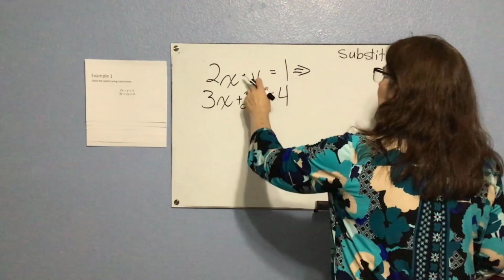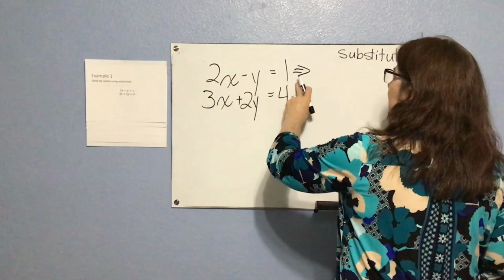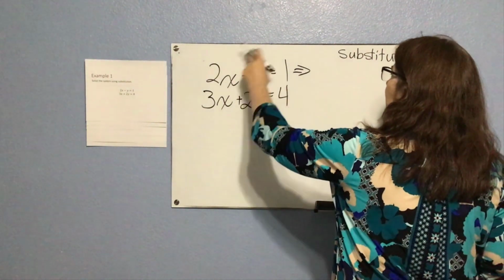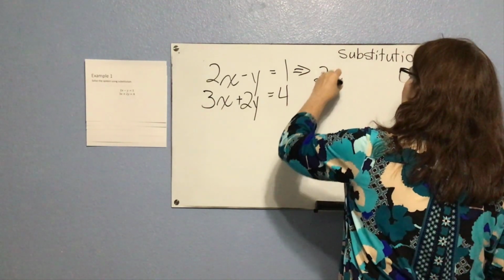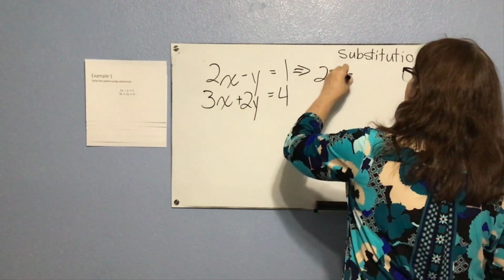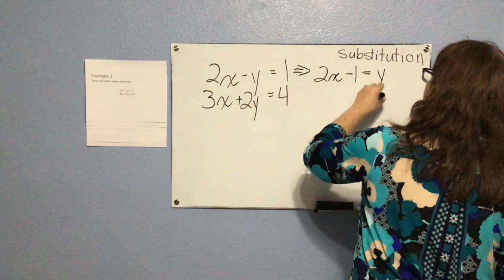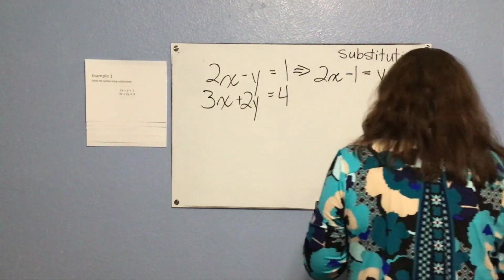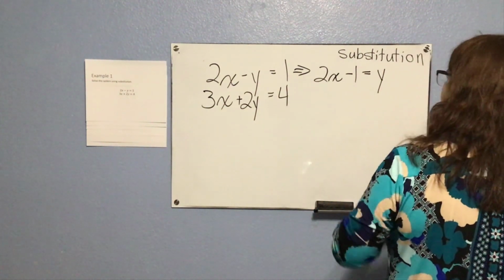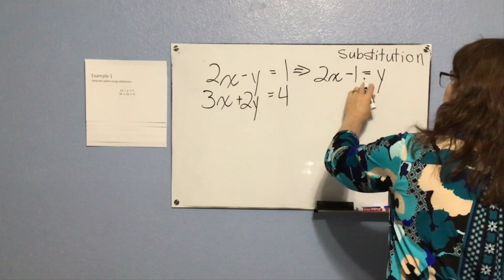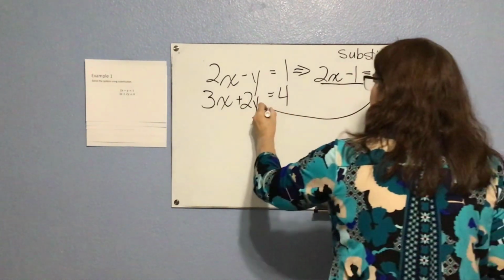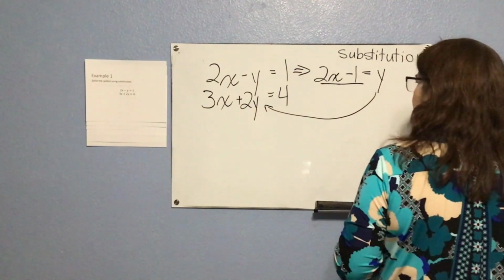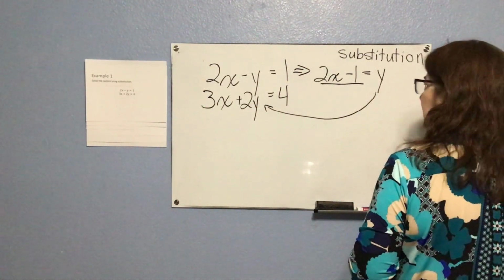And I do that by moving the y over here to make it positive and moving the 1 back over here so that y is by itself. So this is now 2x minus 1 equals y. Now I'm going to take this expression for y and substitute it into this equation wherever there's a y.